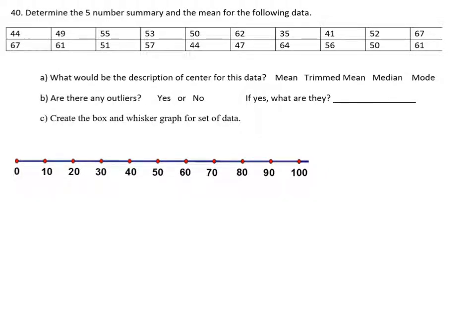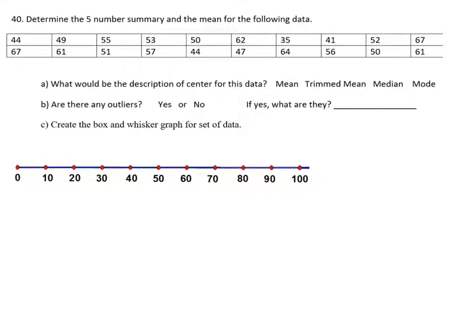Alright, question 40. I put it into the calculator first, and it tells me that the minimum value is 35. So 35 is our low number. Our Q1 is at 48. Now again, where did I get these numbers from?